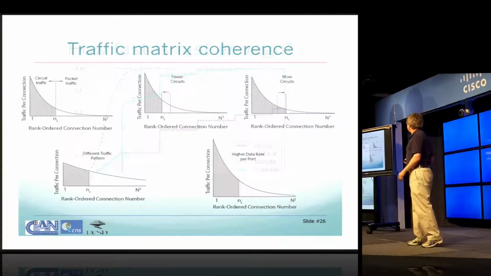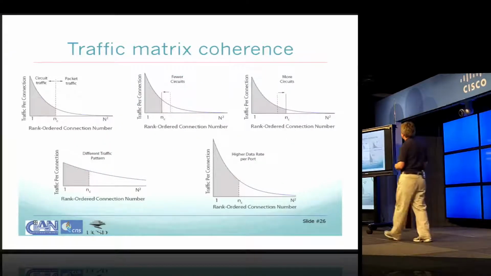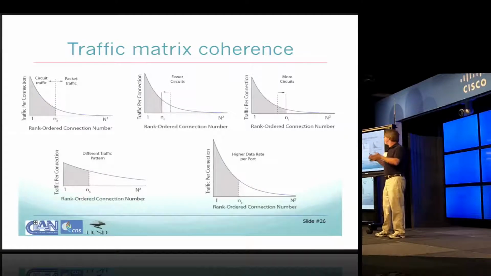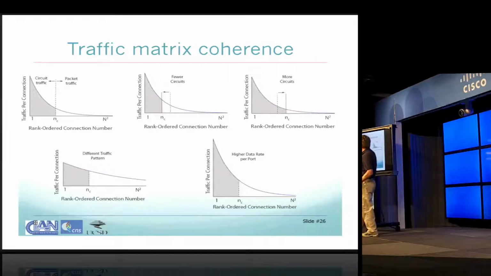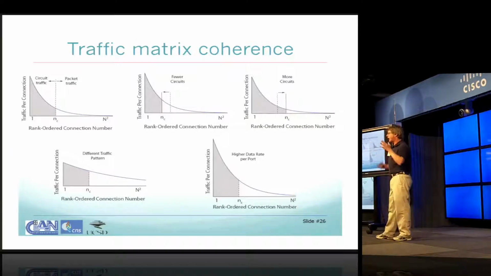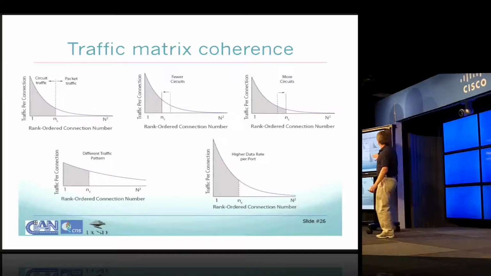Let me talk about what that means with respect to the traffic coherence. When we burst, we can move this line. This line dictates the number of circuit connections I need to make. If I speed up the circuit switch, then I can cover more of this total traffic. These are all the n-squared connections that I need to make within my network.